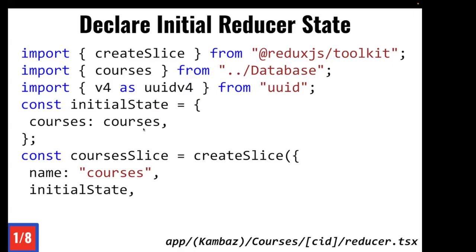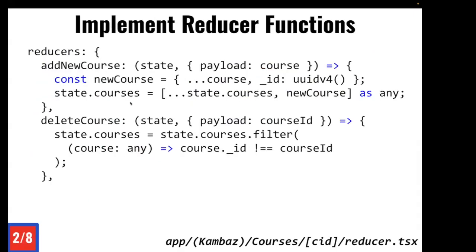We already know how to create a reducer. We create a slice, we define an initial state, and we give it a unique name. And then here are the same functions that we implemented in the dashboard page, but re-implemented as reducer functions.